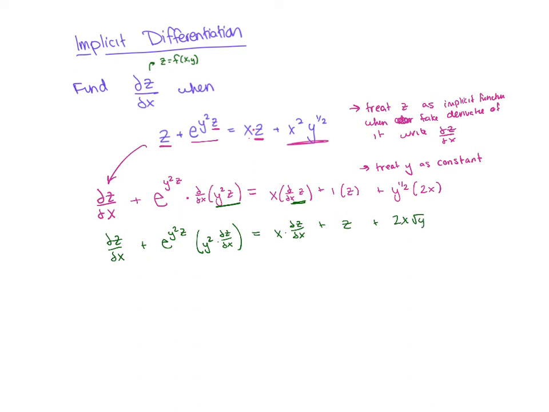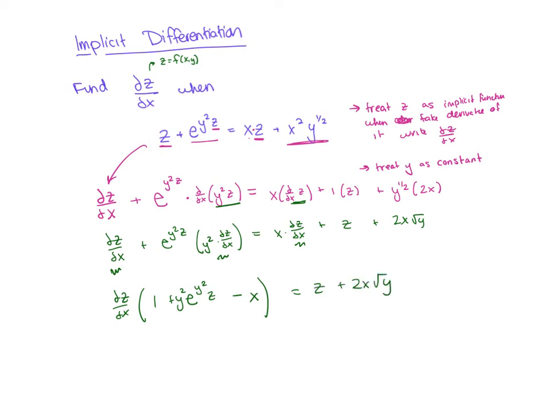Now, if I wanted to, I could solve for my dz dx. So I'm going to get all of my dz dx terms on one side, and I'll factor out that dz dx. Oops, wrote the wrong thing here. So I'm factoring that out. So e to the y squared z, move that y squared up front, subtract the x over. That equals z plus 2x root y.